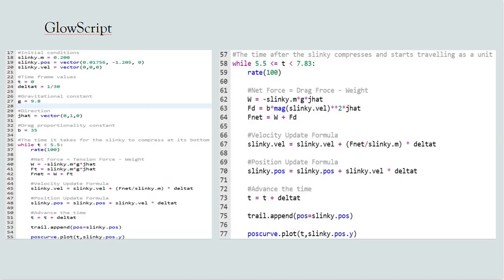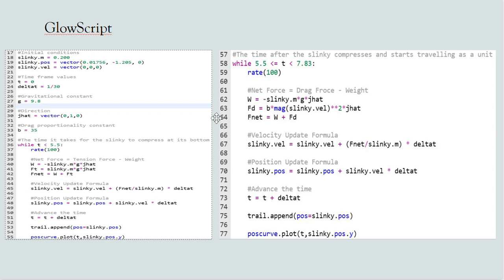Okay, so on to the next part, GlowScript. We have the initial conditions on the left here. And then for the first part, while t is less than 5.5, this is where the spring has not compressed and is not moving as a unit yet. It's when the tension force and the gravitational force counteract each other. So then we have the force updates with the F net equaling the weight plus the tension force.